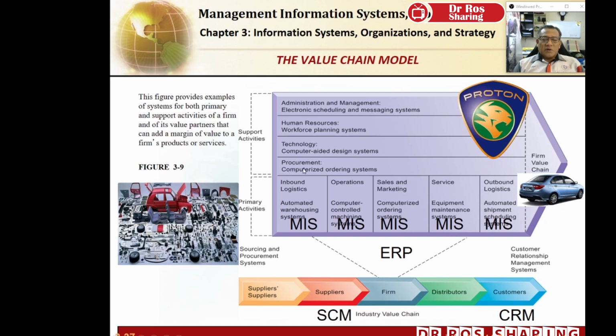So it is called procurement. Procurement is basically purchasing the necessary parts for delivery to production at the right time, at the right price, and the right quality level. This is what they call the value chain model that makes up a business like Proton.